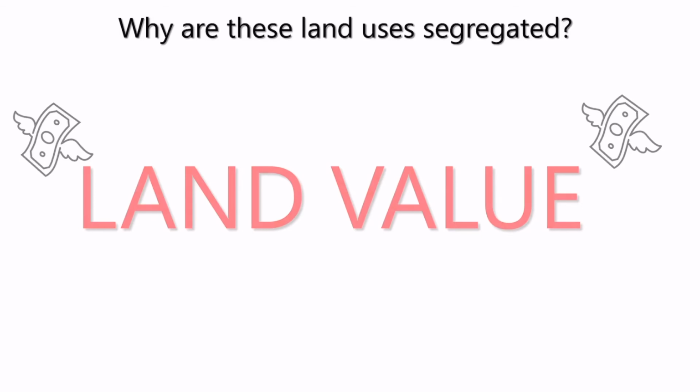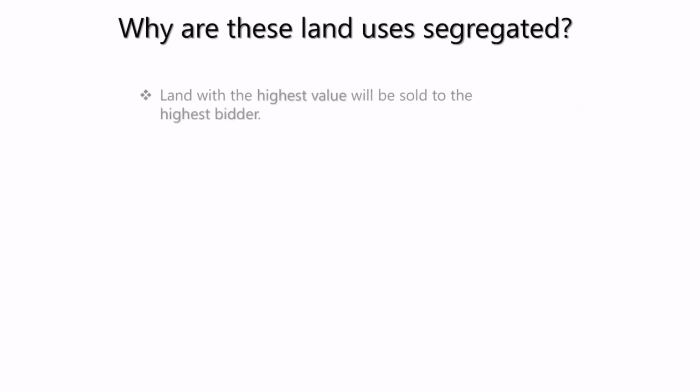The basic principle of economics is that you will try to sell for the highest price, so you'll try to sell land for the highest value, and to get that there will be a highest bidder. The highest bidder will be able to get the land of the highest value.